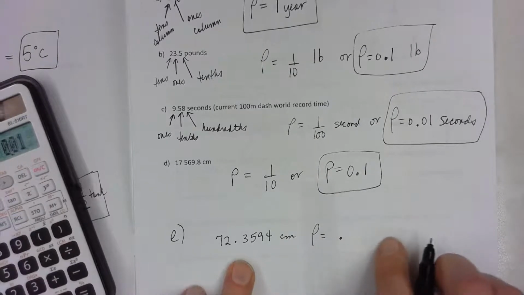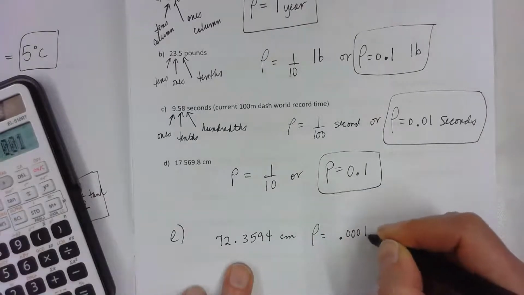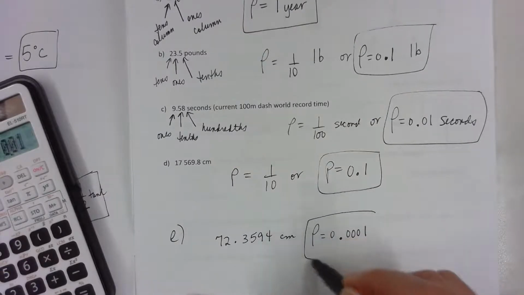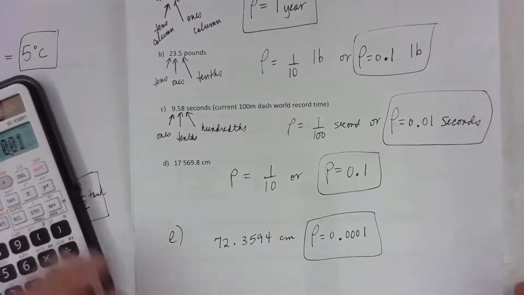The 1 goes in the last place, so the 1 will go here, and I fill it up with zeros. And I can include my lead zero if I want. But if your given measurement has 4 decimal digits, your precision will have 4 decimal digits. They will be zeros, and a 1 will be the last placeholder. So that's the quick way to think about precision when you're given just a number.